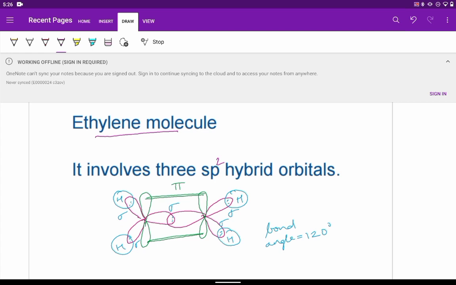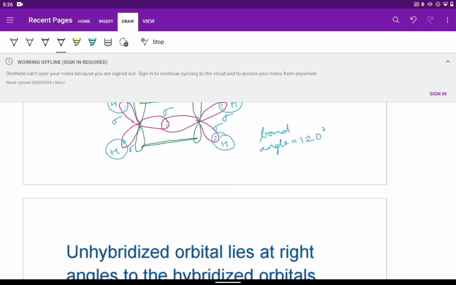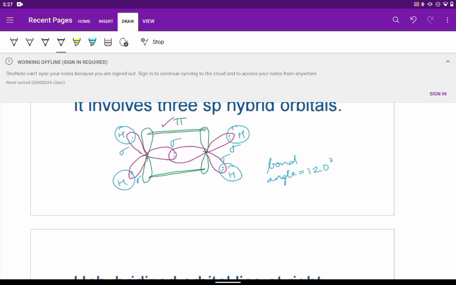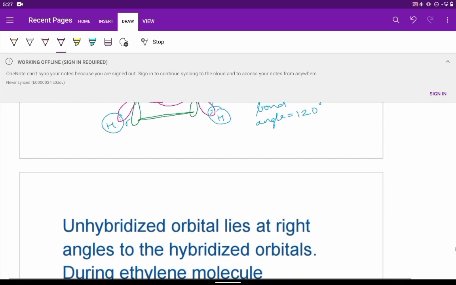And the left out unhybridized p orbital, denoted here by green color, will overlap sideways, leading to a pi bond. Here the bond angle is 120 degrees.